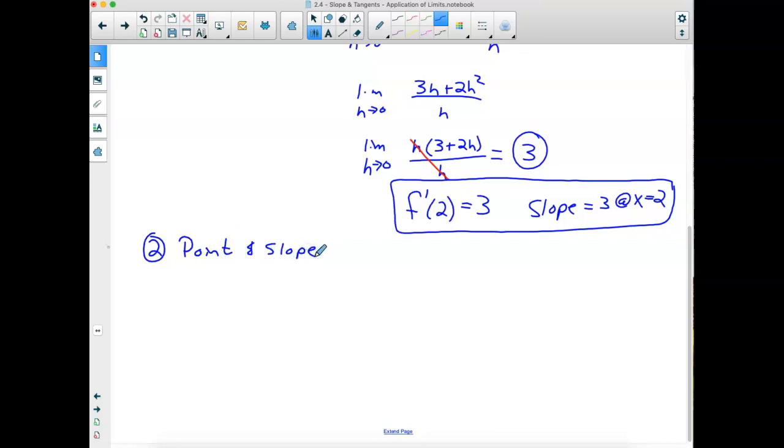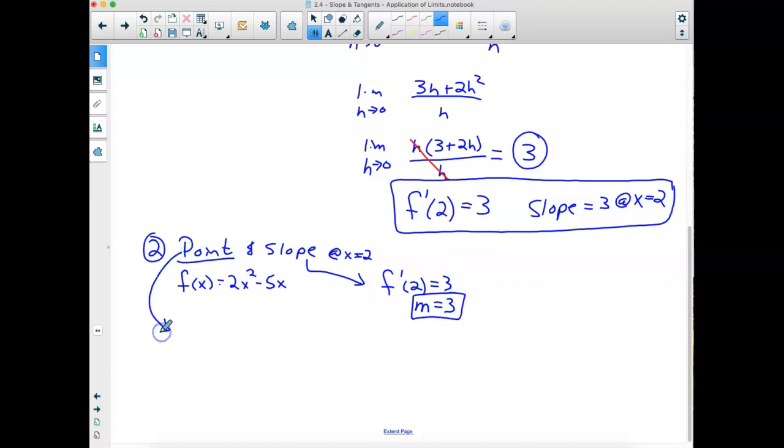Remember, my f of x function equaled 2x squared minus 5x, and I want the slope at x equals 2, because that's where they want it this time. I just did that right here. So my slope is f prime of 2 equals 3. So m equals 3 at 2. So I have my slope.